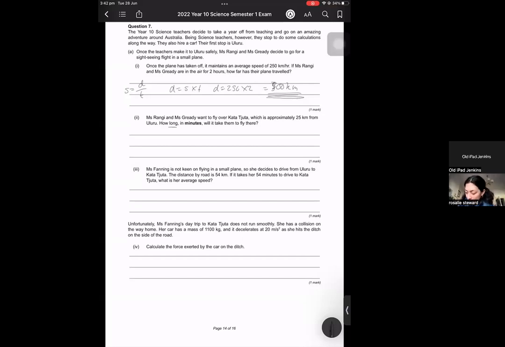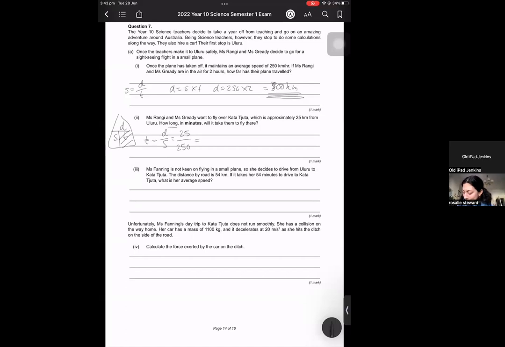So we're going to use our distance formula again. Speed equals distance over time, meaning let's cover up time. Look at where the other two are. It's distance over speed. So the distance is 25 kilometers over, what is the speed? 250 kilometers an hour. What is that in a calculation?